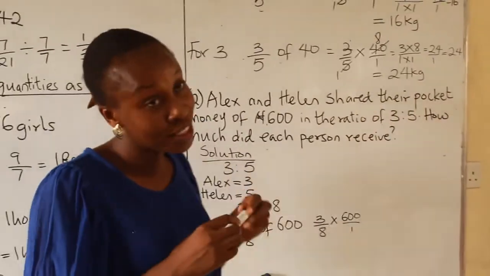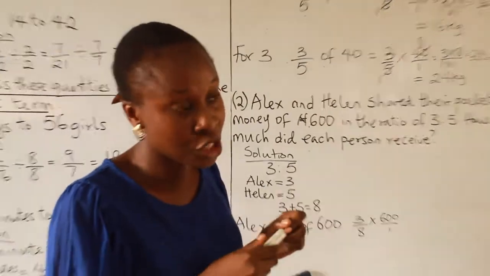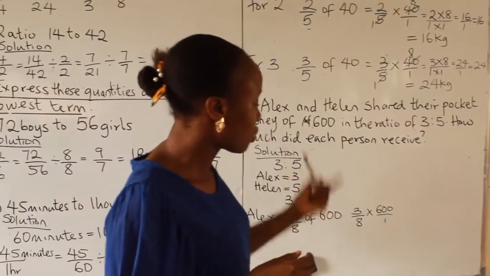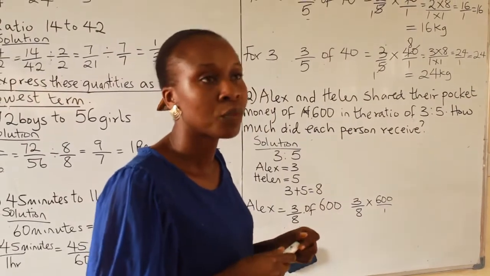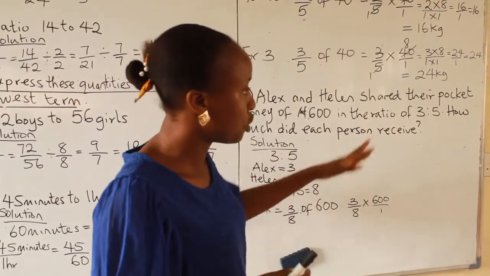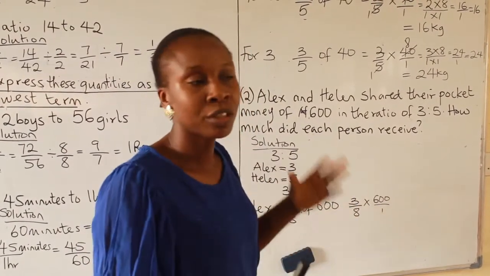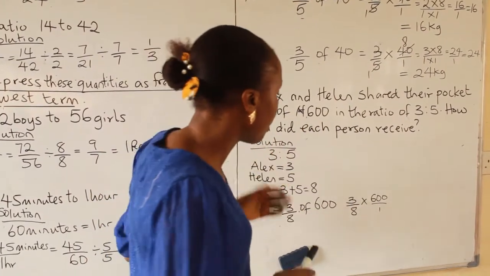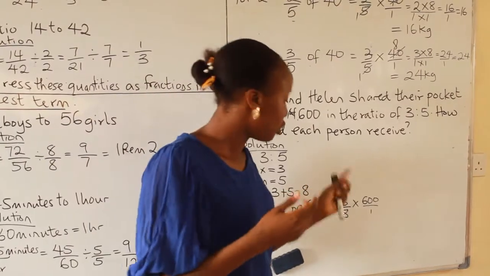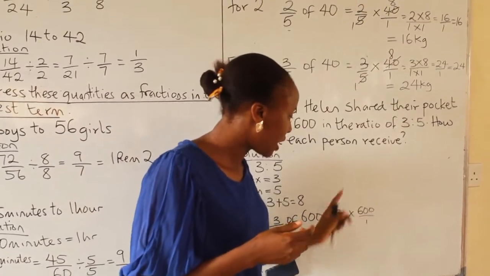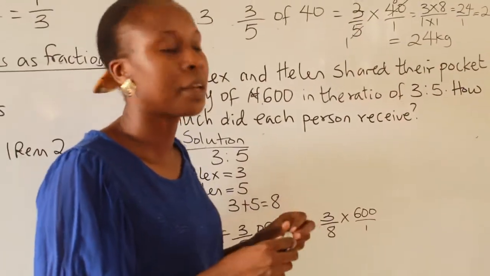I believe you have not forgotten your times table and your multiplication. So we'll be dividing 600 by 8, or you can also reduce it to the lowest term. Any method that you employ will give the same answer. I would like to reduce 600 over 8 to its lowest term.